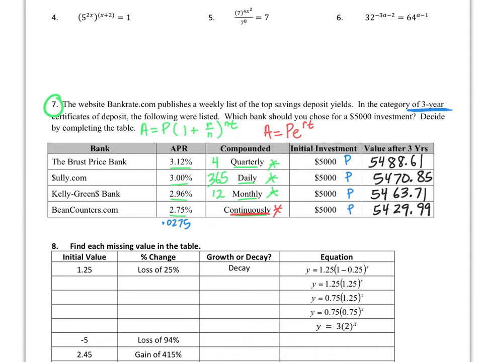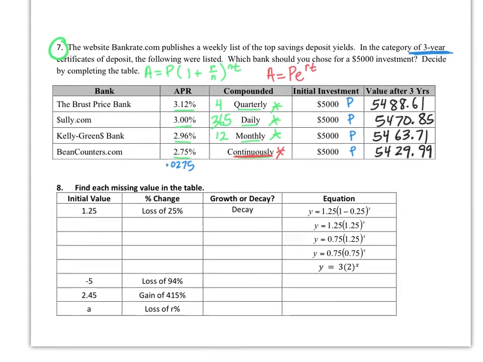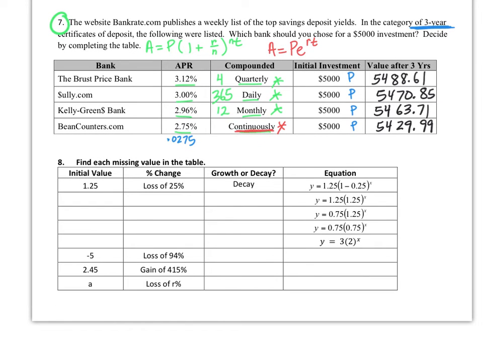Okay, so now number 8, find each missing value in the table. On this part, what you need to do is understand what the equation actually is. Remember our equation for the general form was y equals, let me pull it up right quick, make sure I'm writing down the same thing, a parentheses 1 plus or minus r to the t power.